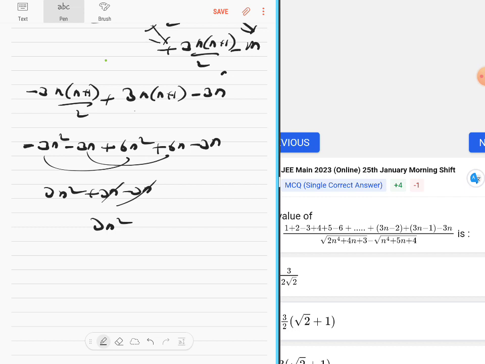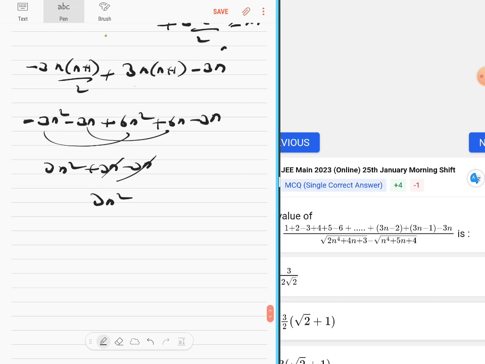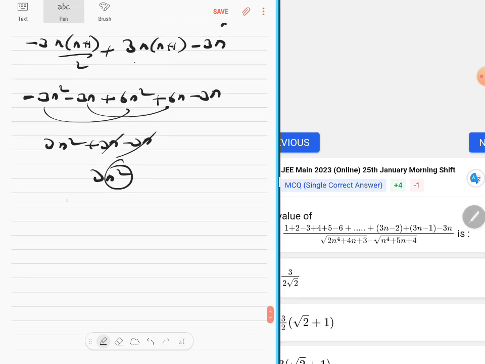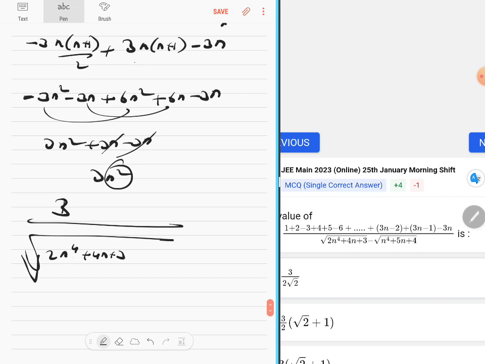Okay, the numerator has become 3n square, and this n square can now be taken to the denominator. What is the denominator? Leave the 3 off. The denominator is root of 2n to the power 4 plus 4n plus 3, where the n square coming down becomes 1 by n square, and taking the root it becomes n to the power 4.